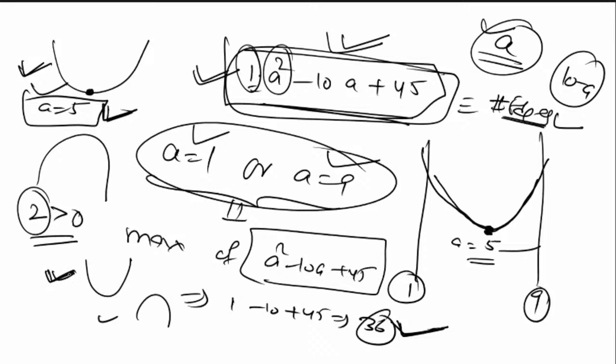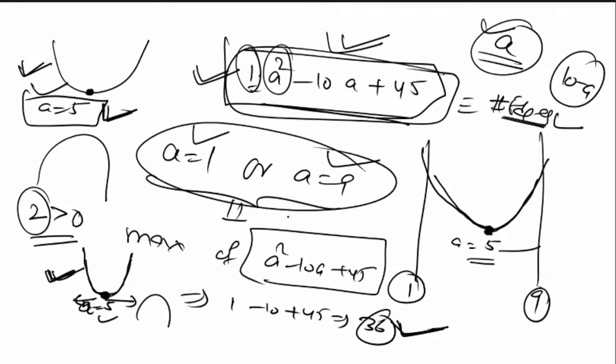Let's assume your graph is like this, then you can see this is the minima, and this minima is at a equal to 5. If you go to either side, the value will increase.